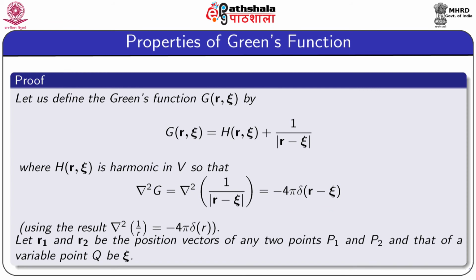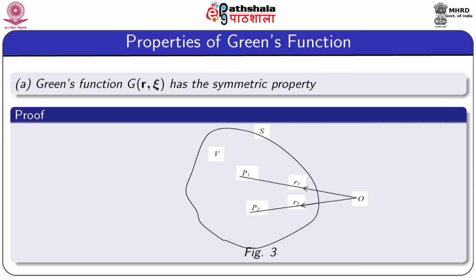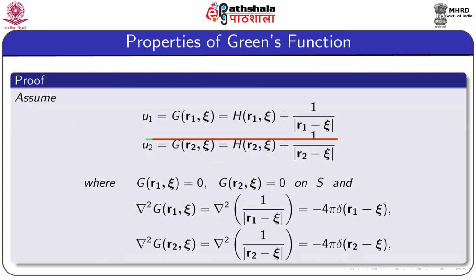Now, we assume two points P1, P2 in the region V. As you can see in this figure, we have taken two different points P1 and P2 having position vectors R1, R2 respectively within the region capital V, and S is the boundary of the region V. We assume u1 as G(R1, xi) equals h(R1, xi) plus 1 divided by mod R1 minus xi, and u2 equals G(R2, xi) equals h(R2, xi) plus 1 divided by mod R2 minus xi.